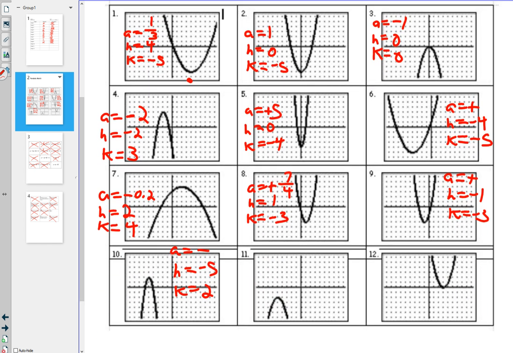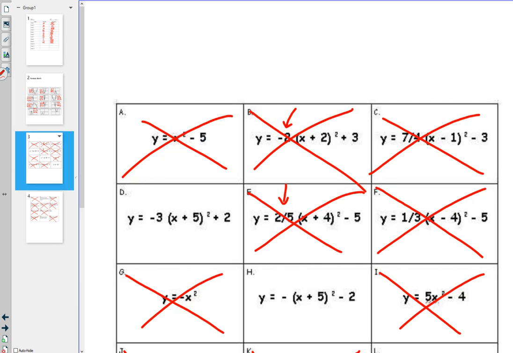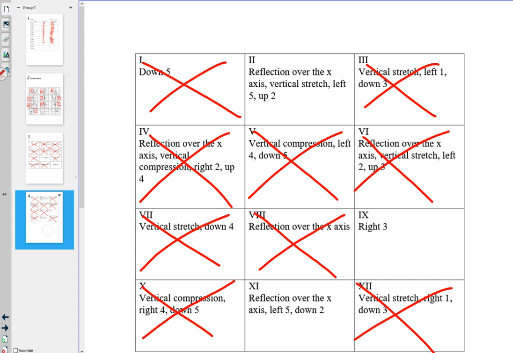Yeah, negative 5 and 2 here. D and H look a little similar as far as the vertex goes, but since we went up instead of down, it is going to be D. And 2.